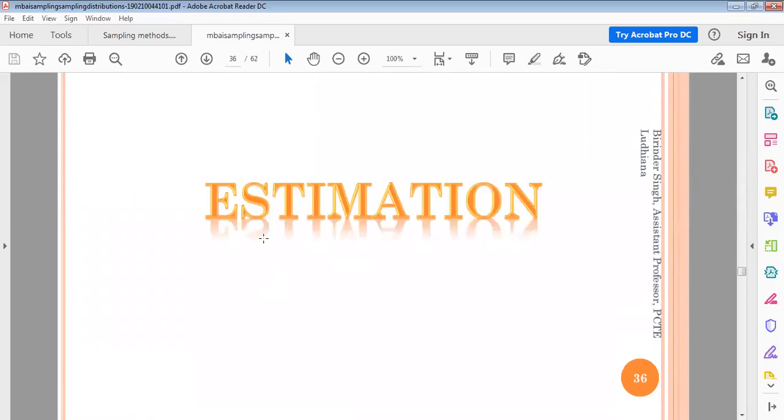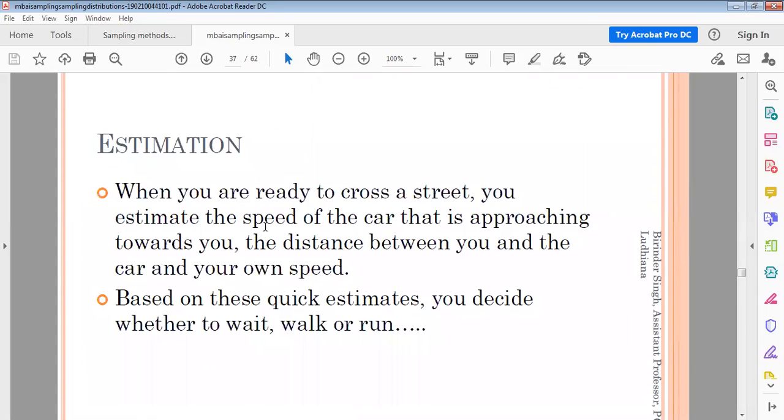Now what is estimation? When you are ready to cross the street, you estimate the speed of the car that is approaching towards you. Understand? When you cross the road from one side to the other, suppose a car is coming toward you, but you have to go to the other side. Then what will happen?